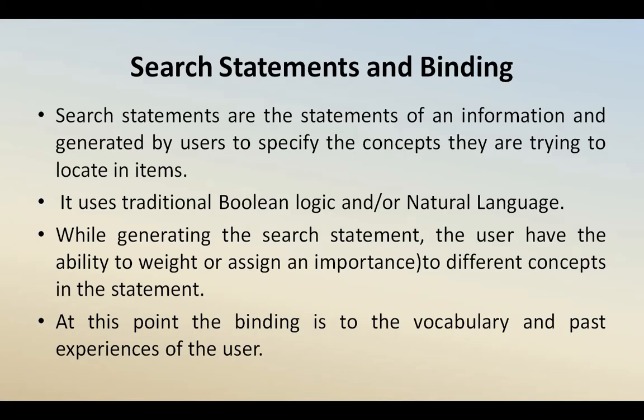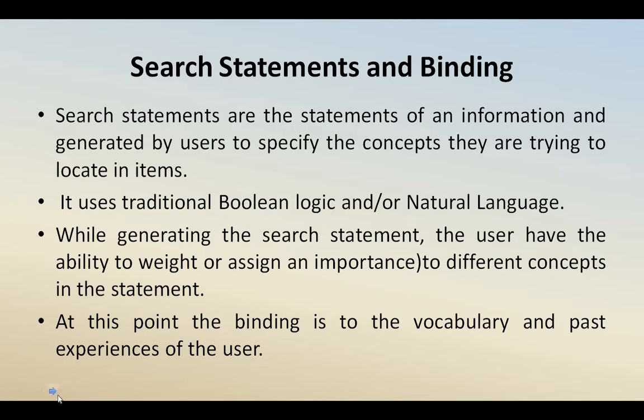Using some statistical representations, we can assign weight or importance to the items we want to extract or retrieve. At this point, binding is to the vocabulary and the past experiences of the user.